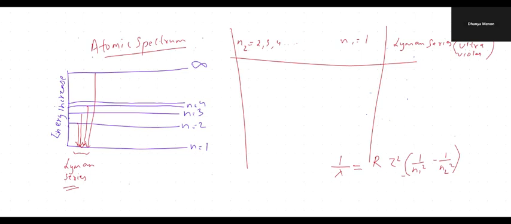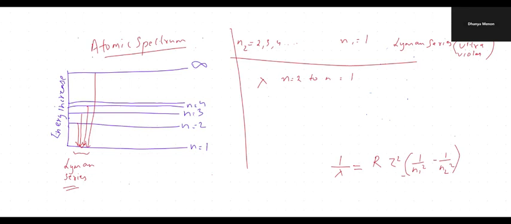Okay. Now, from here, suppose we calculate lambda when the electron jumps from n is equal to 2 to n is equal to 1. Okay, so we use this formula. That's why I just kept it there.